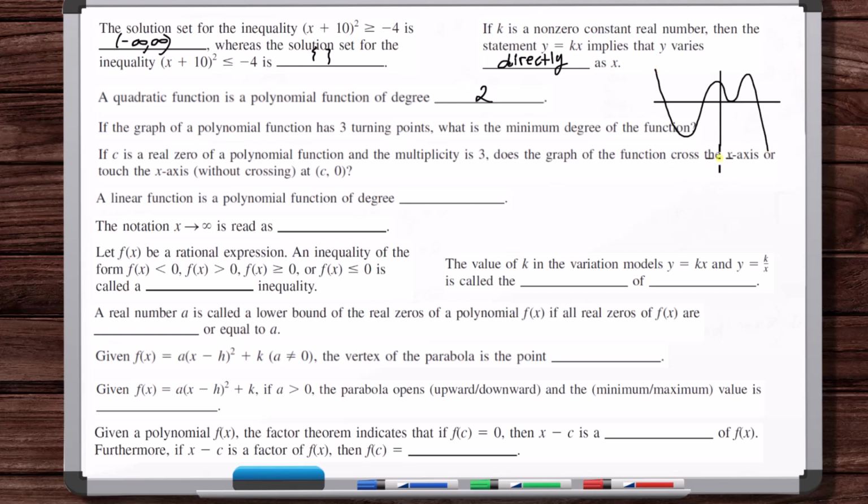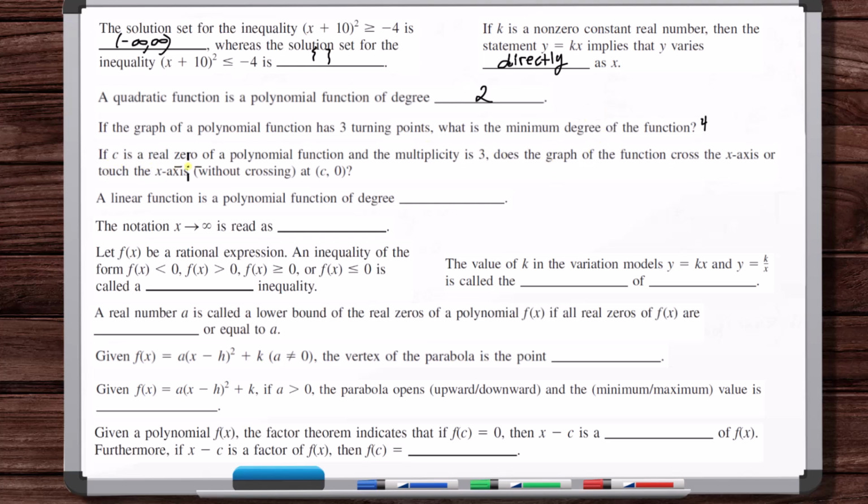So the maximum number of turning points is n minus 1. So if a polynomial function has 3 turning points, then this can't be less than a degree 4 polynomial, because if it was degree 3, it would have more than n minus 1 turning points. So the minimum degree of the function is 4.